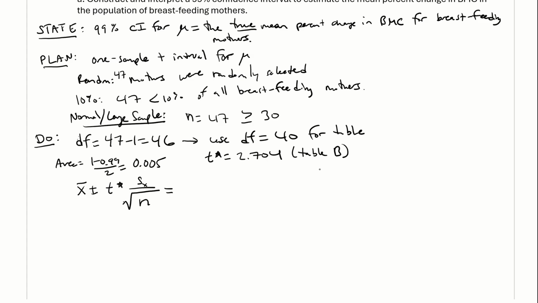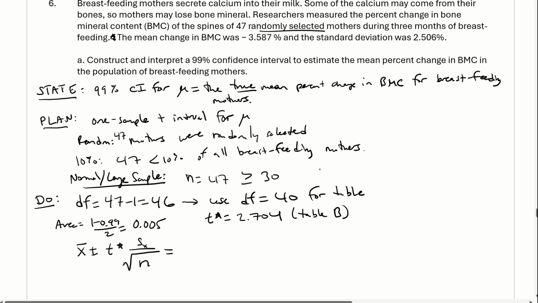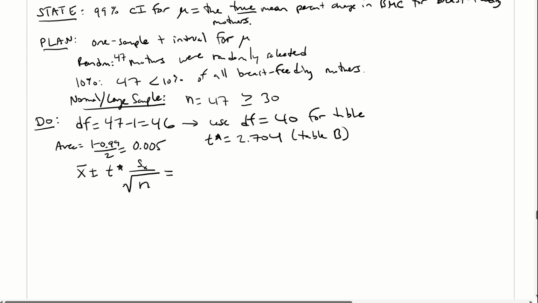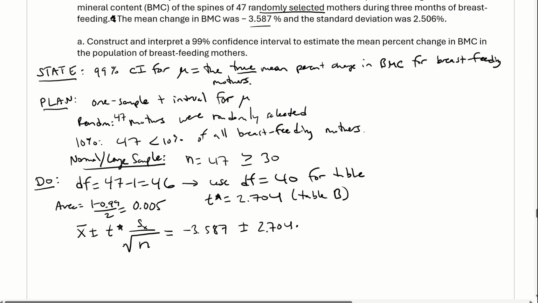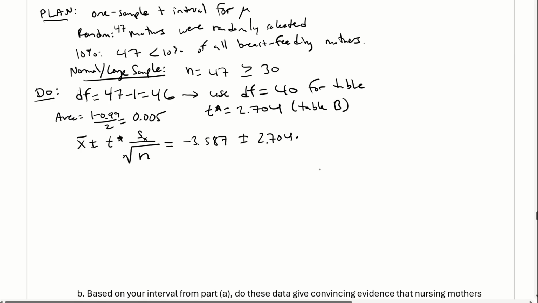So we have x bar, which they said the average was negative 3.587%, plus or minus the t star times the standard deviation was 2.506%, over the square root of 47.